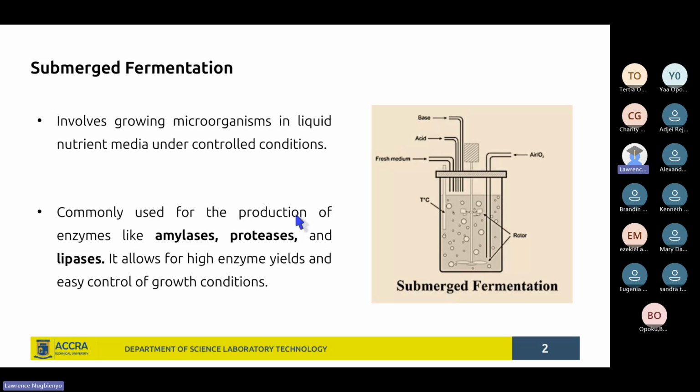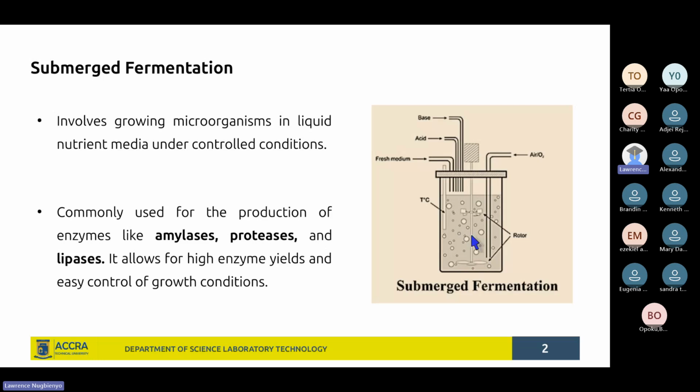If you look at the diagram on the right, the submerged fermentation, this is a representation of, say, the bioprocessor, in which you have the liquid media, in which of course you have some microorganism introduced, which will be producing some enzymes.